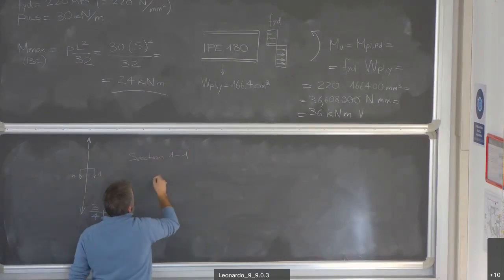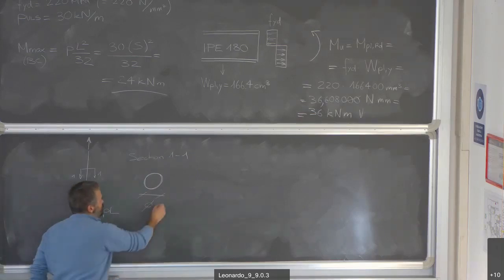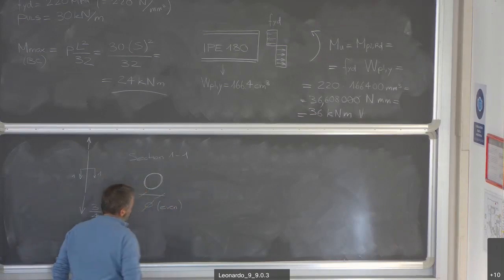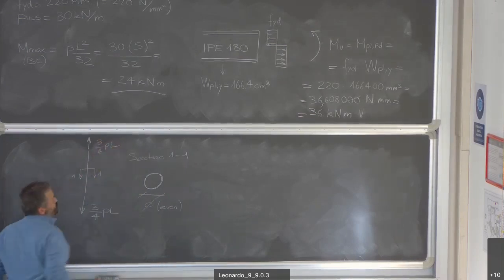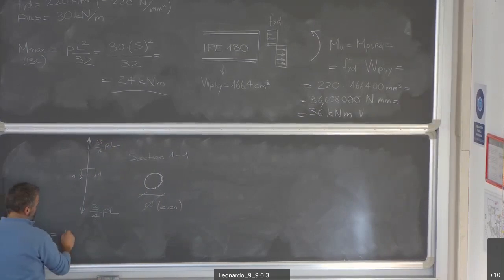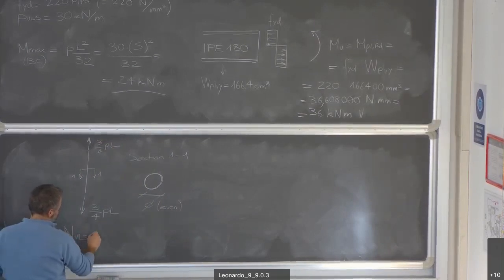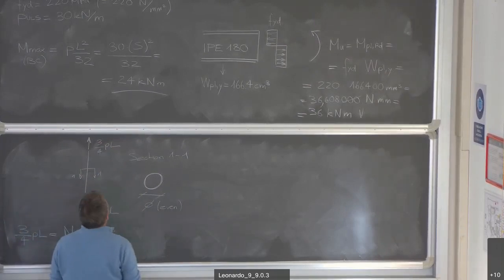Section 1-1 is a circle, and the diameter phi is even. We know it's subjected, we've seen it before, to a load which is 3/4 PL. What will this load be? 3/4 PL, which is NULS, is equal to 3 divided by 4 times, what is the load at ULS?